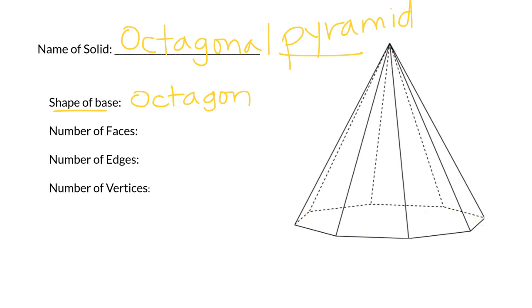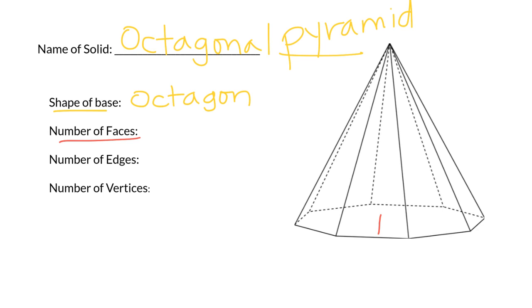Okay, after we have done that, let's go ahead and next count the number of faces that we see in this solid. Again, we just named this solid an octagonal pyramid. That means that we have an octagon as our base. Let's count that as 1. And then again, starting to think about what you know about octagons. An octagon has 8 sides, meaning that there are 8 triangles that come off of this base.